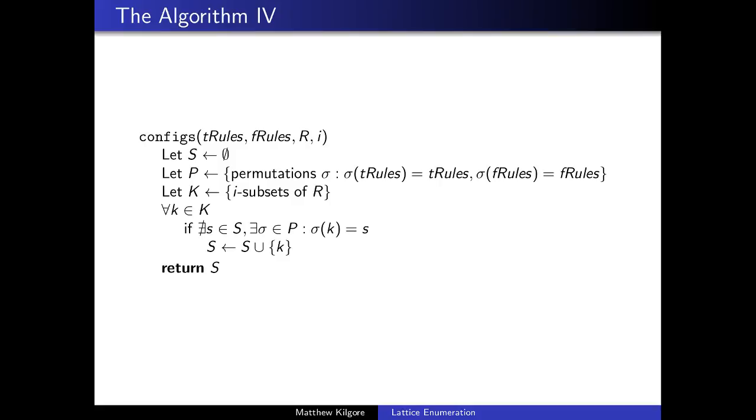Finally, we're going to take the i-subsets of R. Then for each subset K, if there is an S in the set S and a sigma in P such that sigma of K equals S, then we are going to throw it away. If no such thing exists, then it's a new configuration and we're going to add it to S.